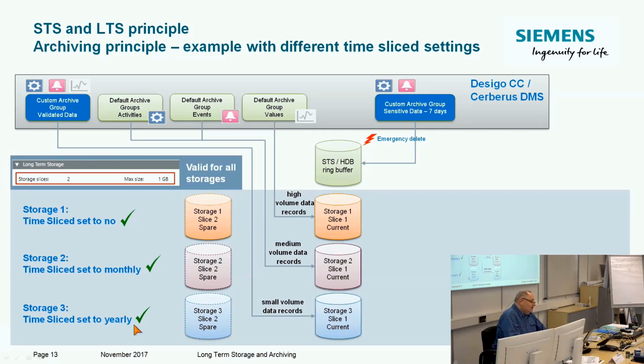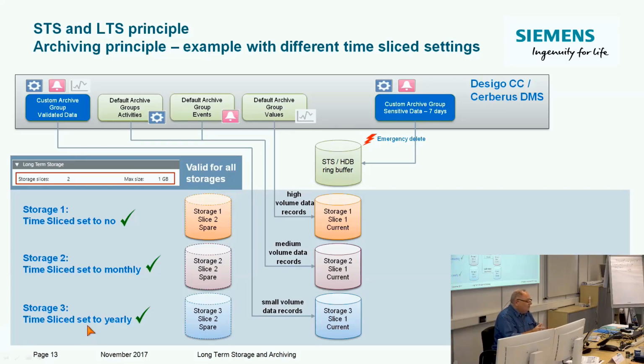So I might use time slice yearly. This means either the volume or after a year it will close and seal this slice. And here in between could be monthly. By now you know that we do have these 3 options: no, monthly, or yearly in terms of time slice.